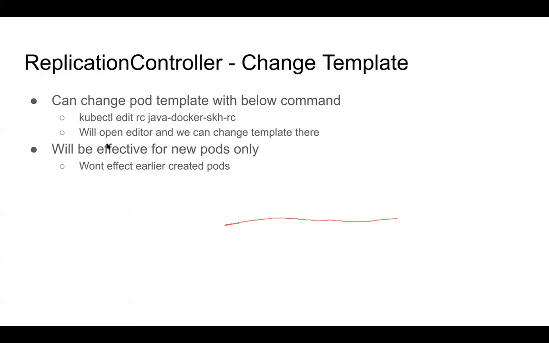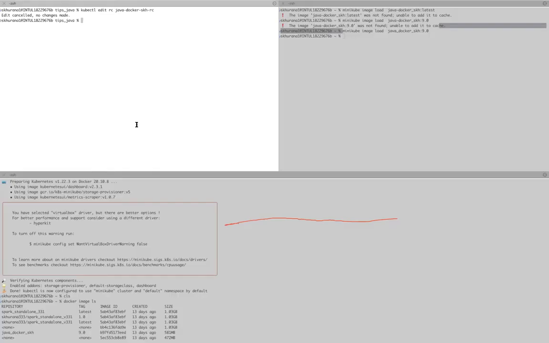So that's one way. It will open the editor and you can change the template there. What I said was not correct here. It will be effective for new pods only. What do you mean by that? I change this template, and then I do not do anything. The pods are the same, nothing happens to the pods, so no change.